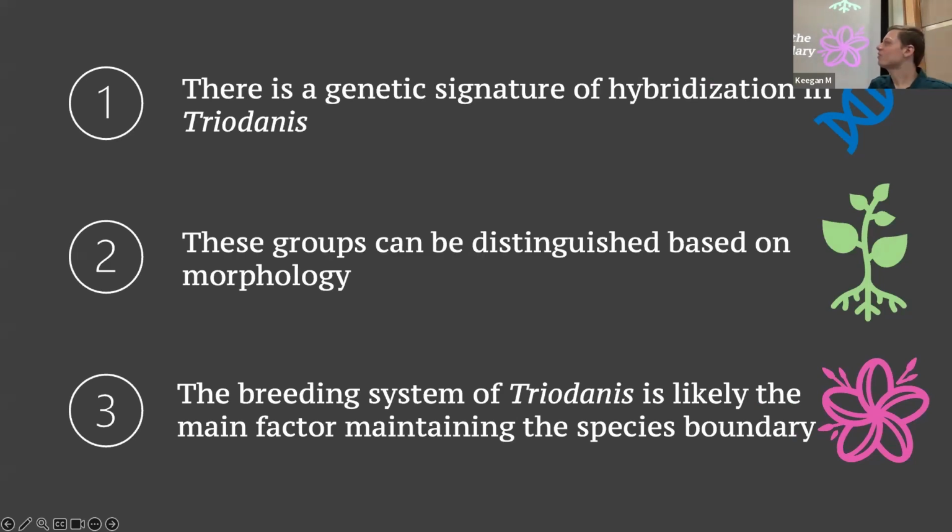And some traits could potentially be used to distinguish hybrids as well from both parental groups, but the intermediacy and high variability of these hybrids makes this hard. And finally, the breeding system of Triodanis is likely the main factor that's maintaining the species boundary between the two species by imposing limits on hybridization.